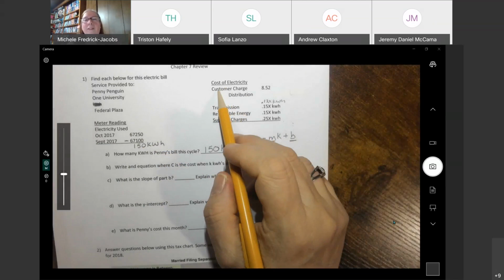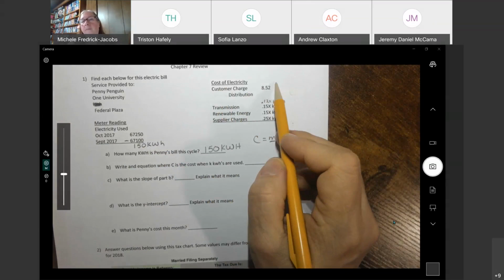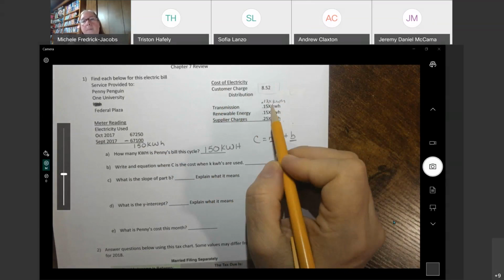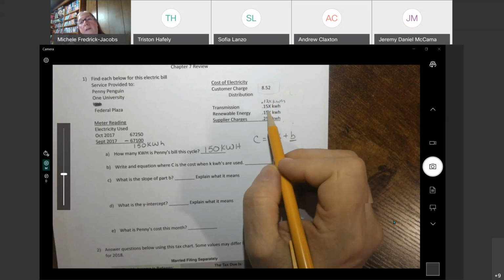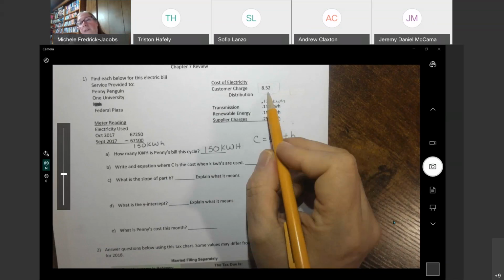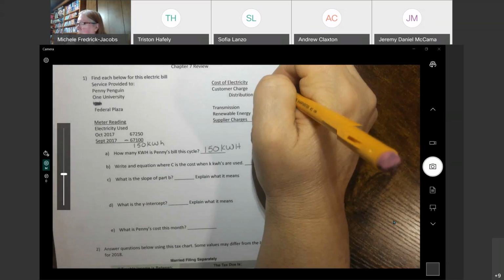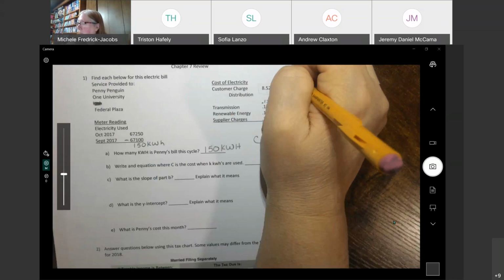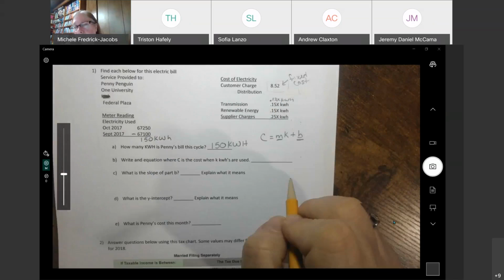But notice this first one says customer charge $8.52, but it's not per kilowatt hour. Notice these ones are per kilowatt hour. This one's not. This is a starting fee or a fixed cost. So would that be B then?